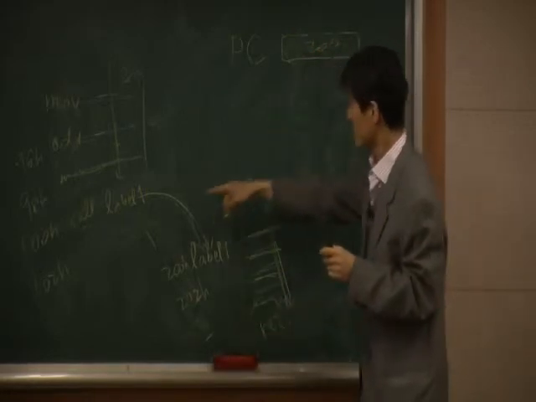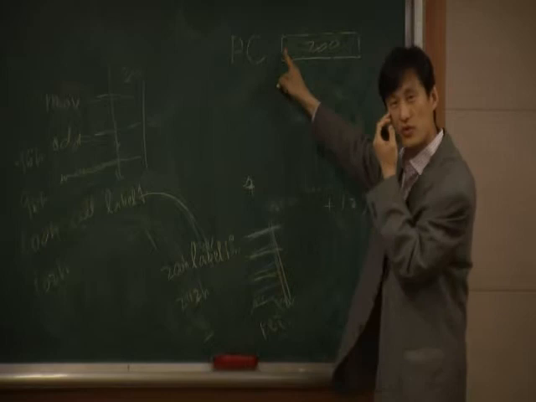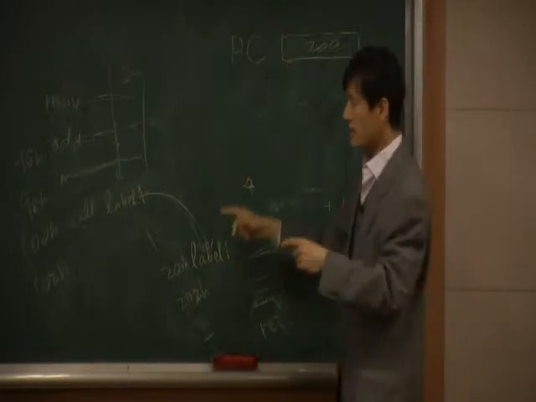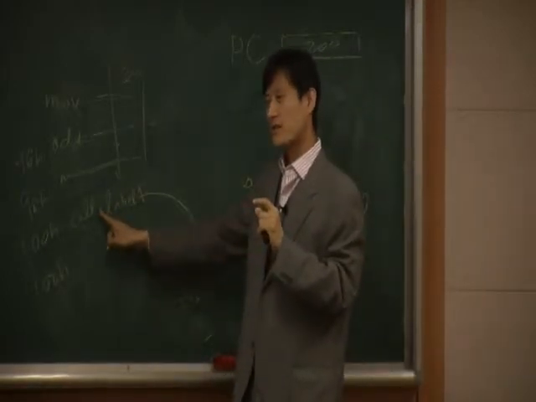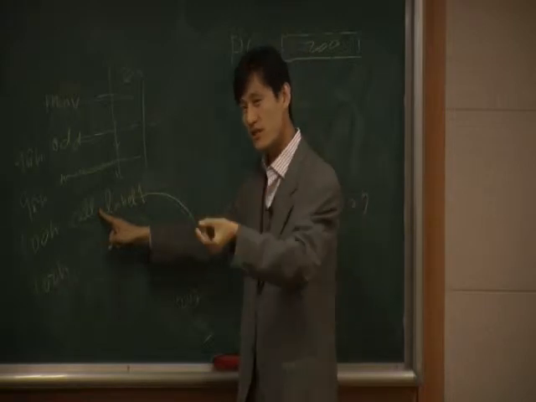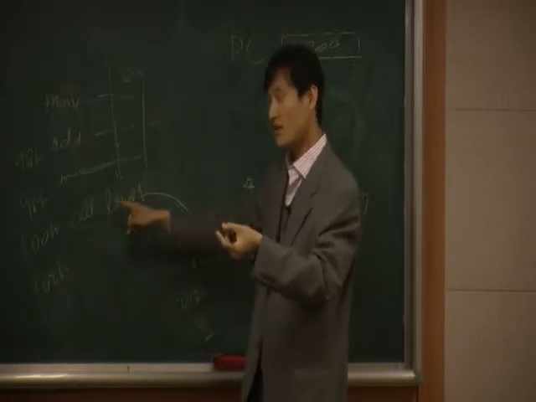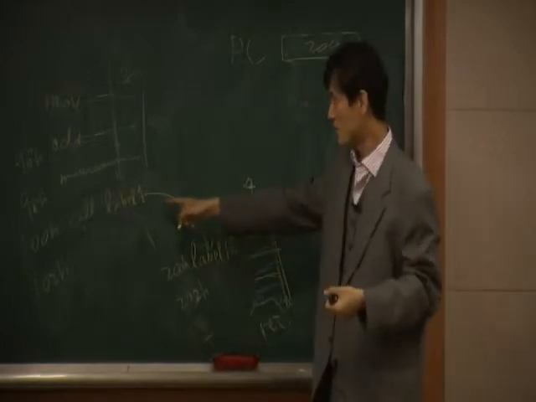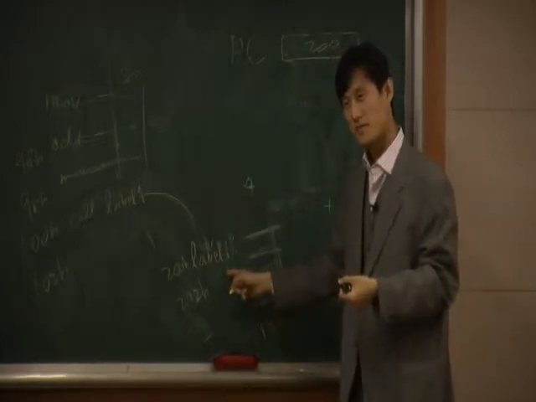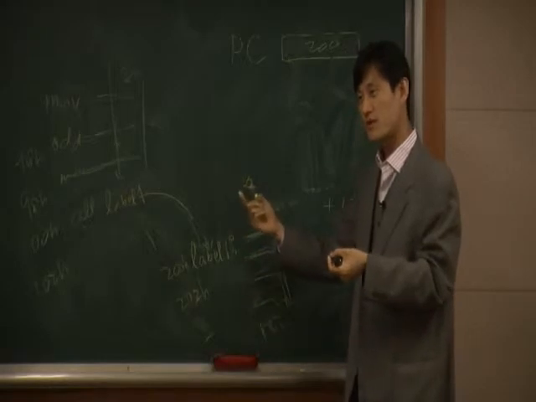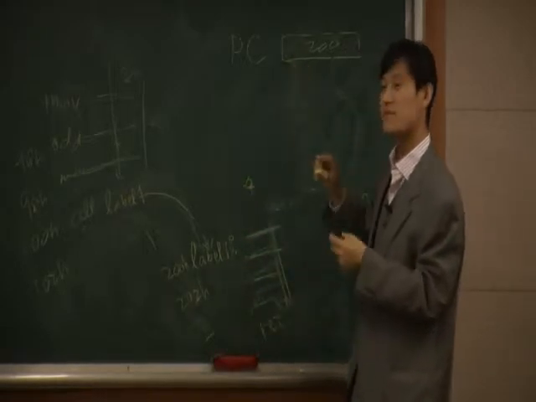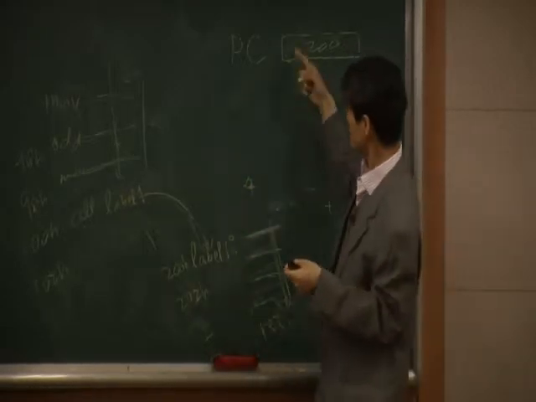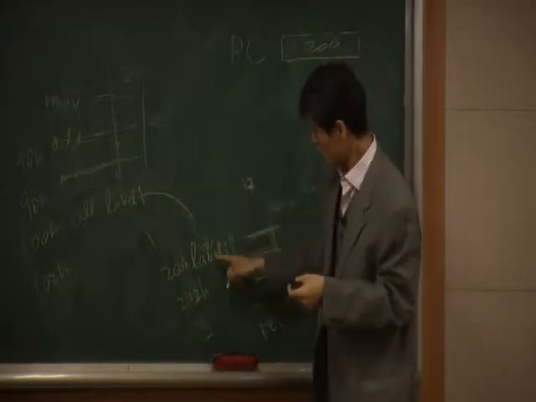Suddenly, this changes this value to 200. And then after you execute, you are trying to move to the next instruction. What is the next instruction? Go there and read it. Oh, 200, that's my next instruction. So that means I need to jump. That's how you jump, right? You are not jumping; you are changing this value. That means jump. So you are changing this value into 200, so you jump to 200.